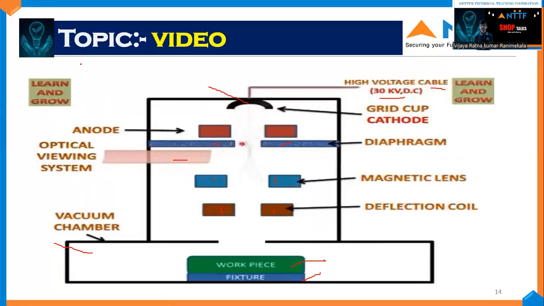They will go through the diaphragm and reach the magnetic lens. Magnetic lens will focus all the electrons and this deflection coil will deflect the beam onto the workpiece, and where the beam strikes, the metal melts, or we can say that metal removal takes place.